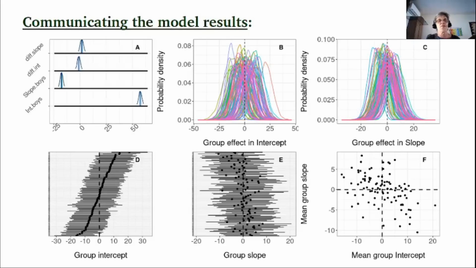So to communicate the model results, we can show several plots. First of all, we can show the posterior distributions of the population level effects here in the plot A. We can show the group effect in intercept and the group effect in slope.